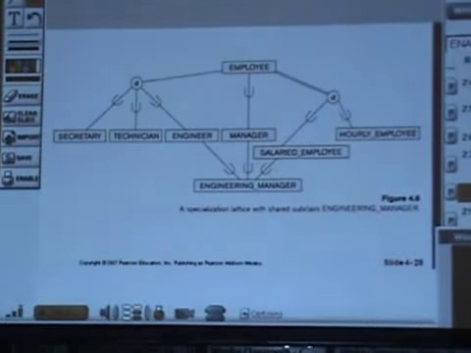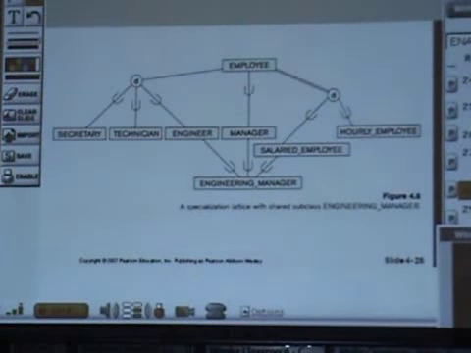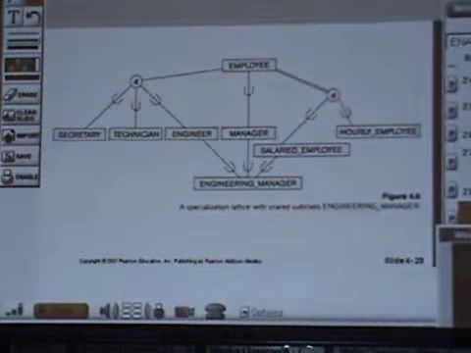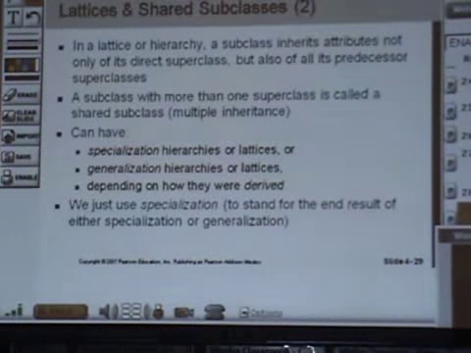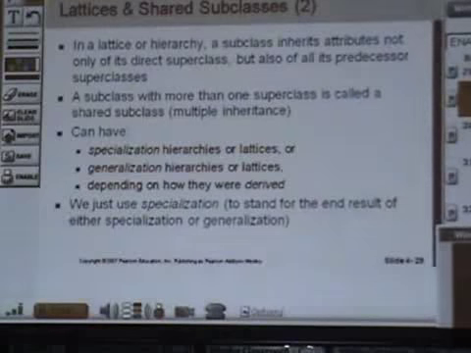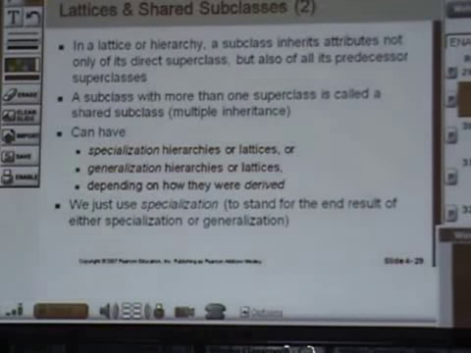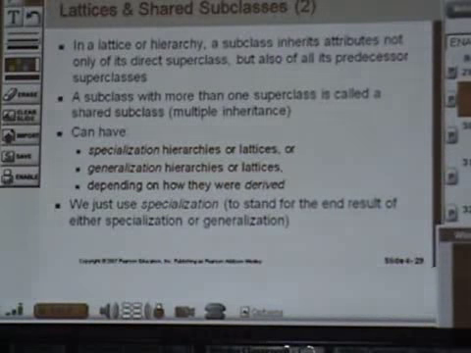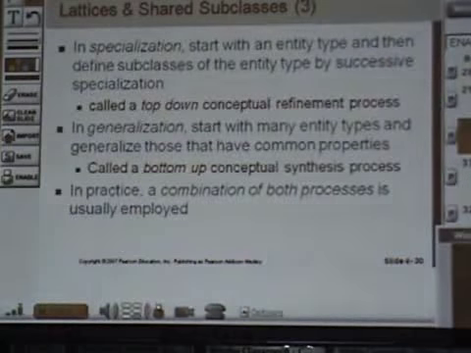Here, this is the hierarchy structure, and then we have the examples. Oops, it's very slow. Okay. One more.